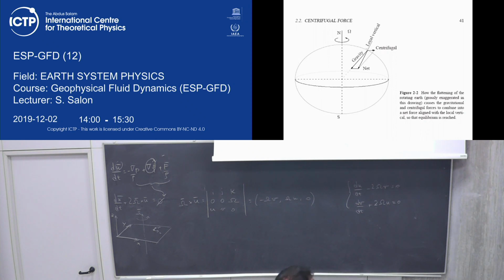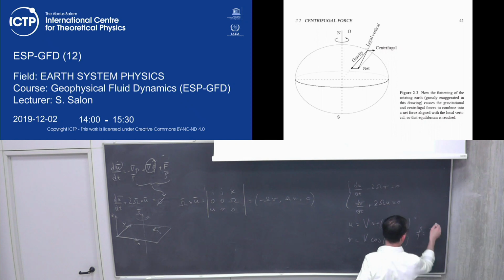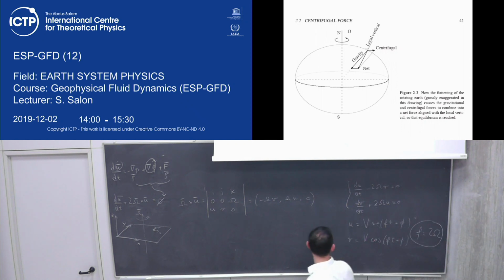So if I solve this, I will have u, which is equal to a capital V sine ft plus phi, v, which will be cosine ft plus phi, where f is twice omega, which is related to this one.